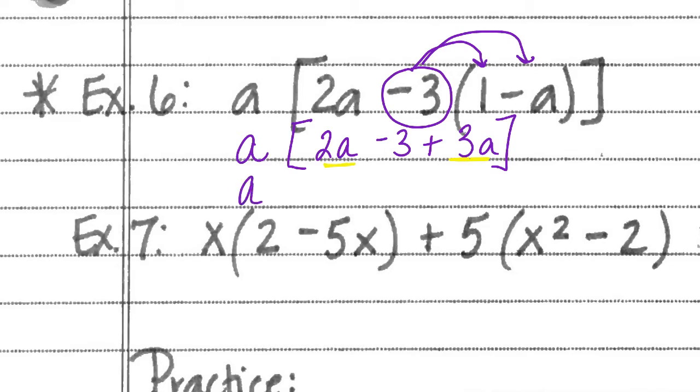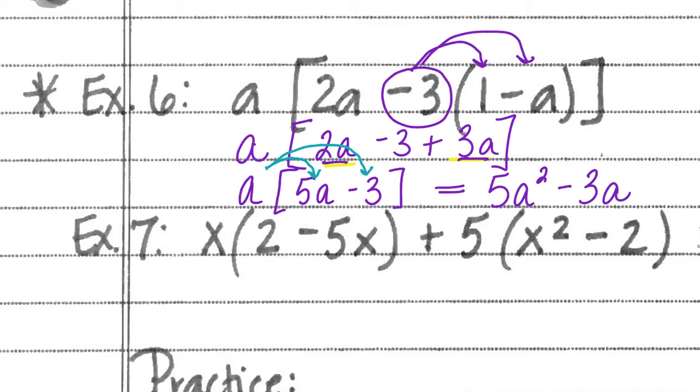So my next line will say a, and I know 2a plus 3a is 5a, and the negative 3. And now we're going to go ahead and distribute this a to each term, where my final answer is 5a squared minus 3a.